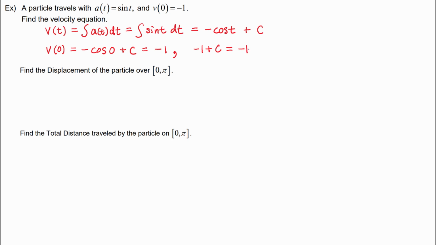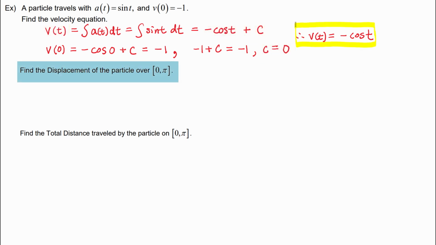So you add 1 to both sides. You know that c has to be equal to 0. And therefore, the v sub t you're looking for, the velocity function, is equal to just negative cosine of t, since c is equal to 0.